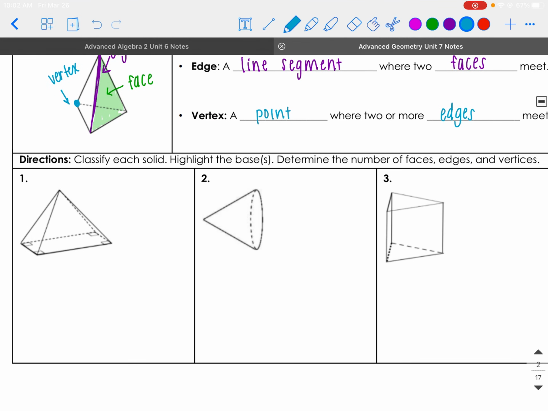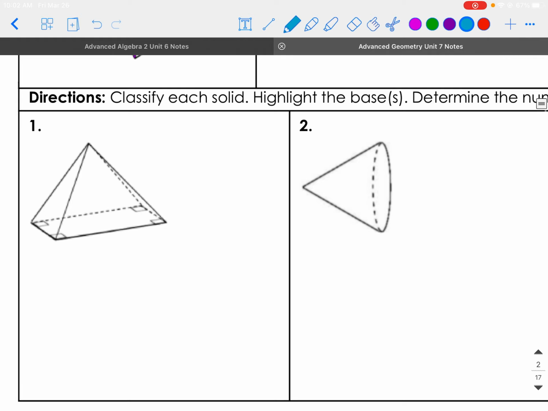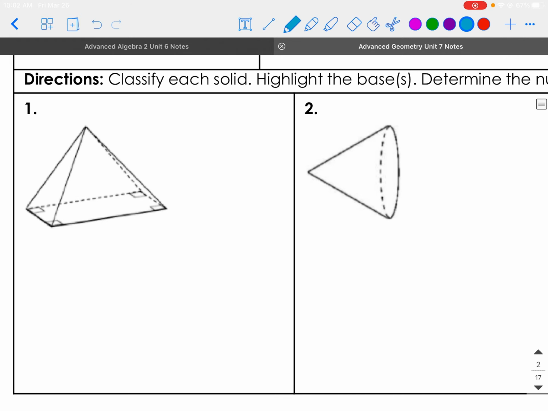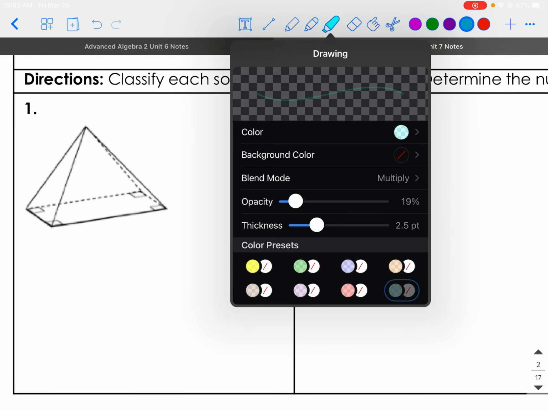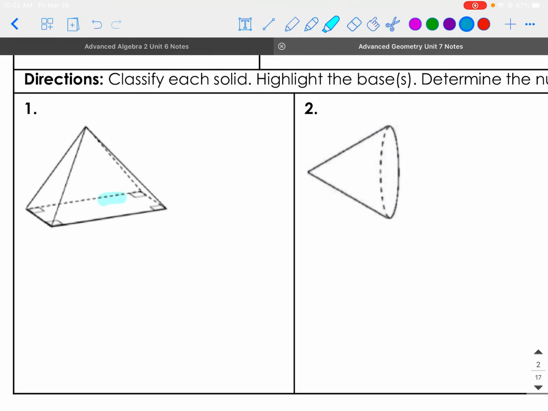So we're going to classify these, and we're not going to just call them prism or pyramid. We're going to give them a special name, and that name comes from the base. So in number 1, let's find the base. They're pretty easy to pick out in the pyramids.